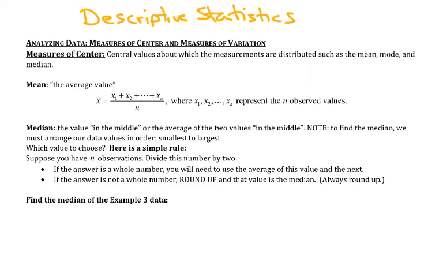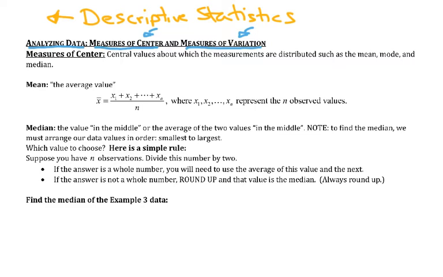Now, we did previously talk about organizing and displaying data. Now we're going to talk about analyzing data. And there's two basic types of statistics that we get from our data. One gives us a measure of center, and one gives us a measure of variation.